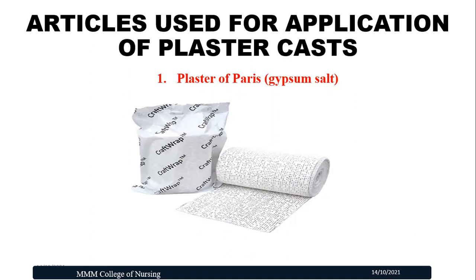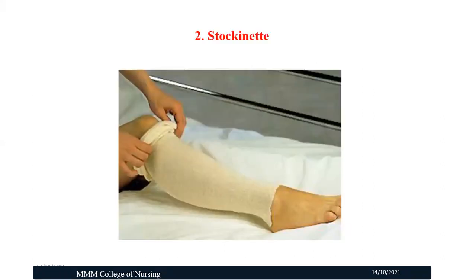Plaster of Paris is a chalky white powder made by a process that removes water from gypsum. And this POP is available as individual rolls of pre-cut crinoline in various sizes, which is impregnated with plaster. The rolls of bandages are dipped in water and applied smoothly to the part of the body.